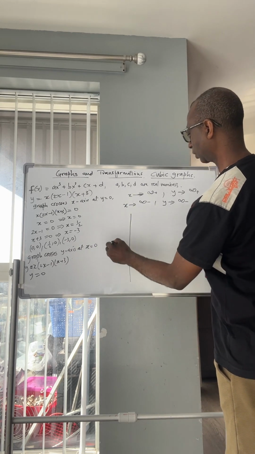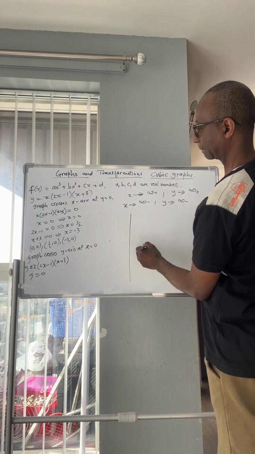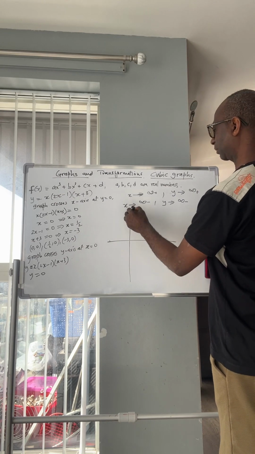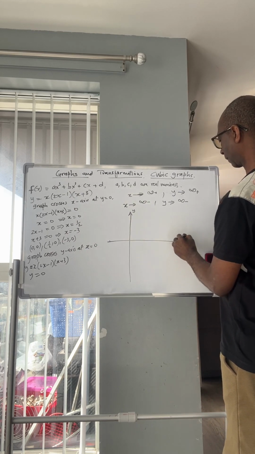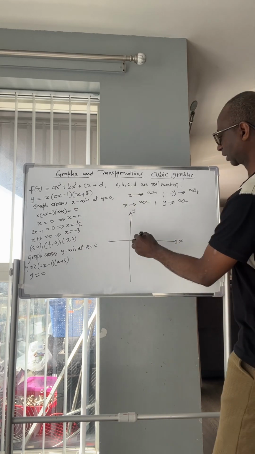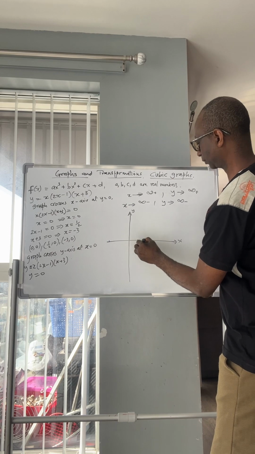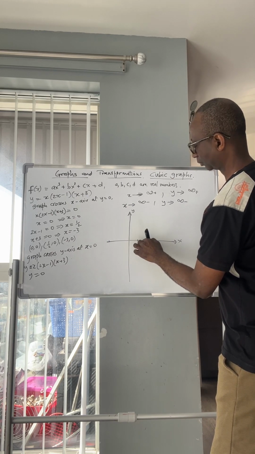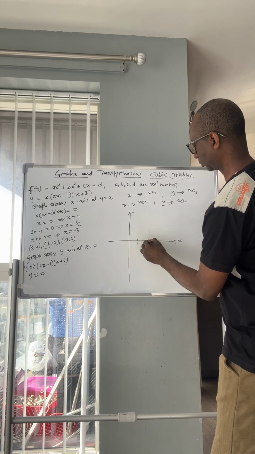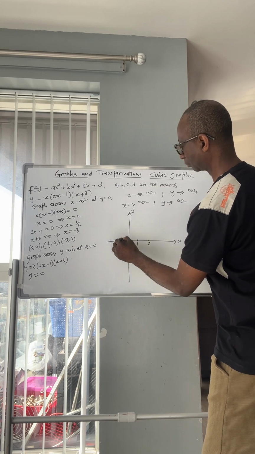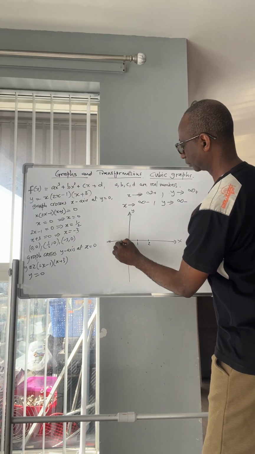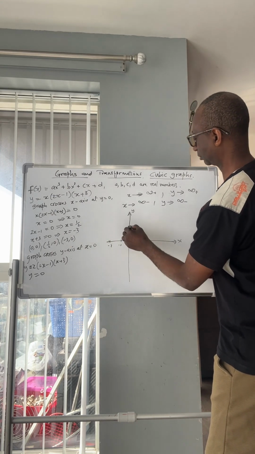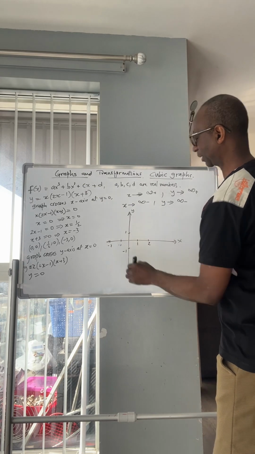Let's draw. We put here our y-axis and x-axis, and let me just put 1, 2, minus 1, minus 2 on the x-axis, and 1, minus 1 on the y-axis.